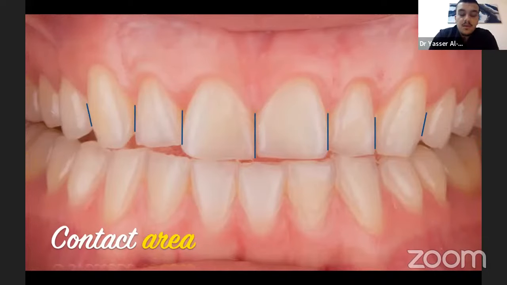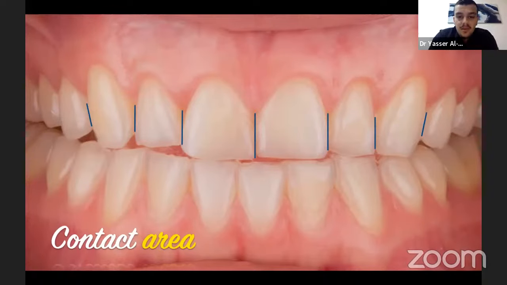If we make it a tight contact, it makes food impaction between teeth, and the patient can't clean it with floss, because he will face a problem entering the floss in the contact area because it's tight, and the patient maybe doesn't clean at all when there is a problem in cleaning with floss.